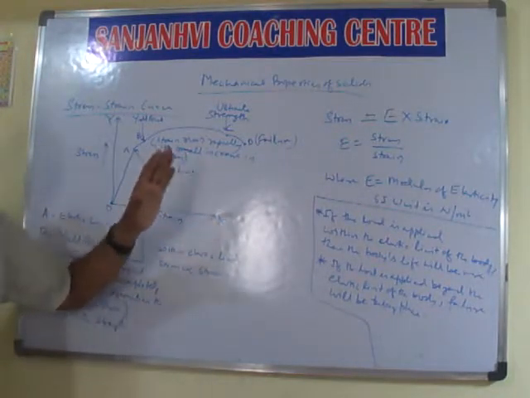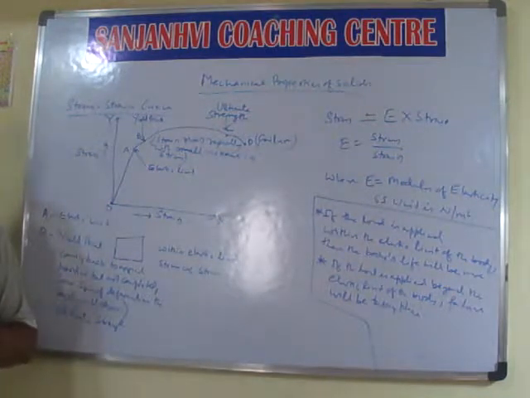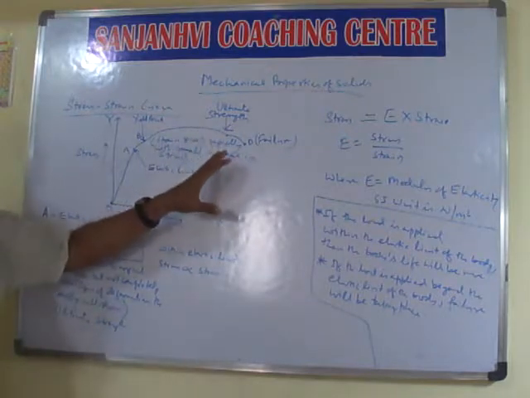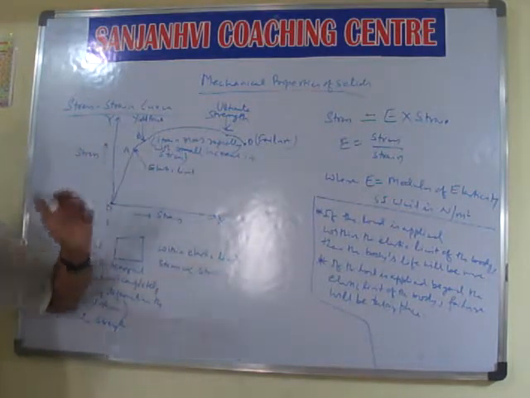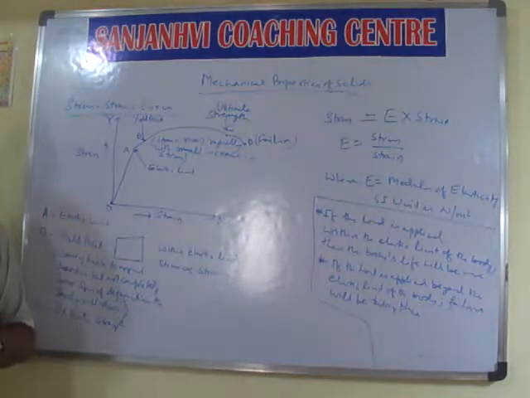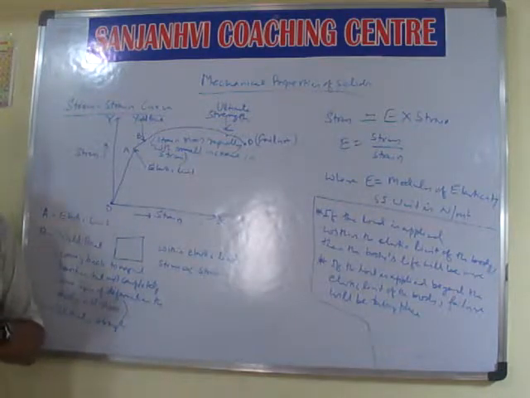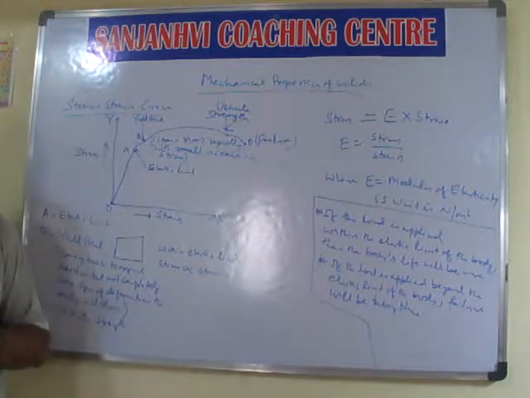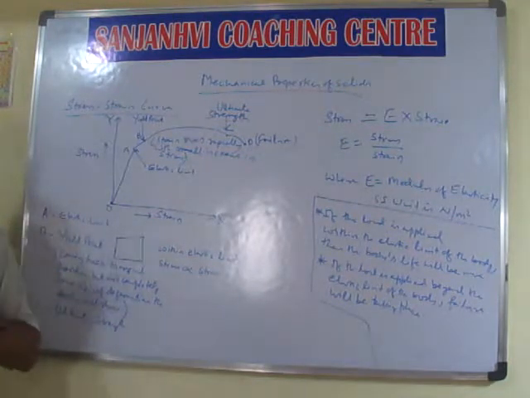For each and every building, for each and every body, there is a life. Engineers determine the life of the body, that though the body is loaded within elastic limit, it will be working perfectly only up till these many years. After that, there is no surety of smooth performance.